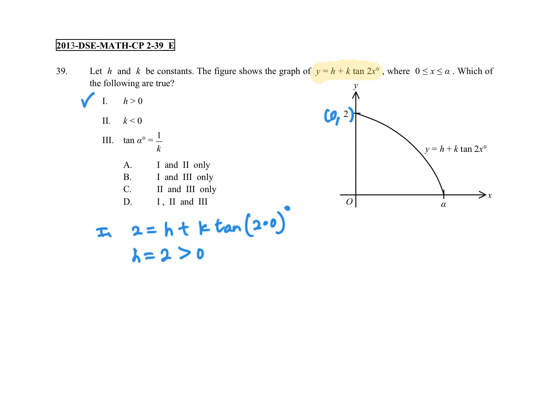And then for statement 2, referring to the tangent graph, particularly the first quadrant. Okay, good. So the tangent graph in the first quadrant is like this.